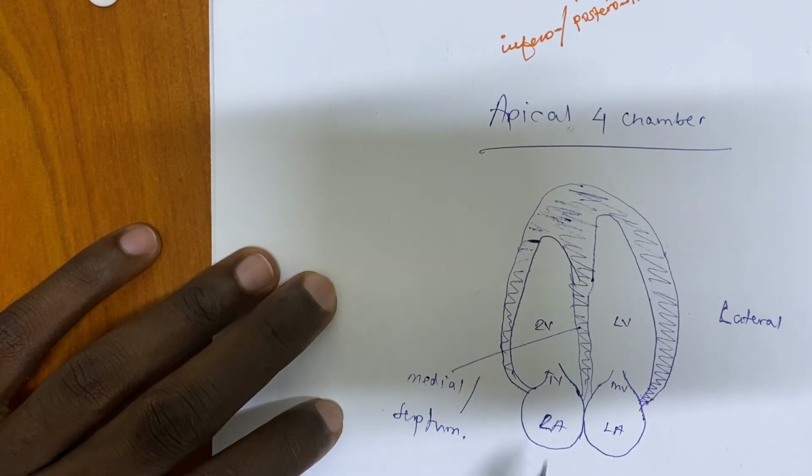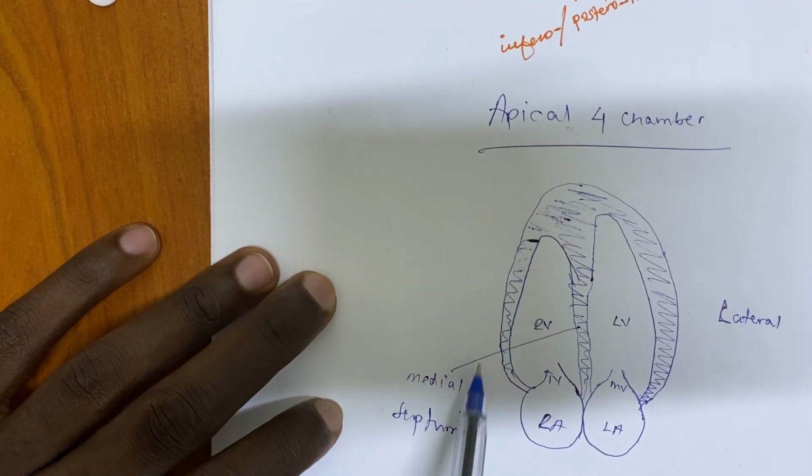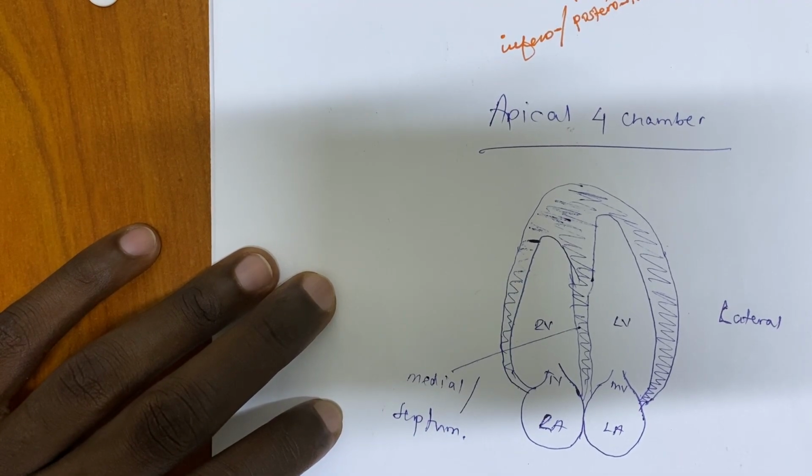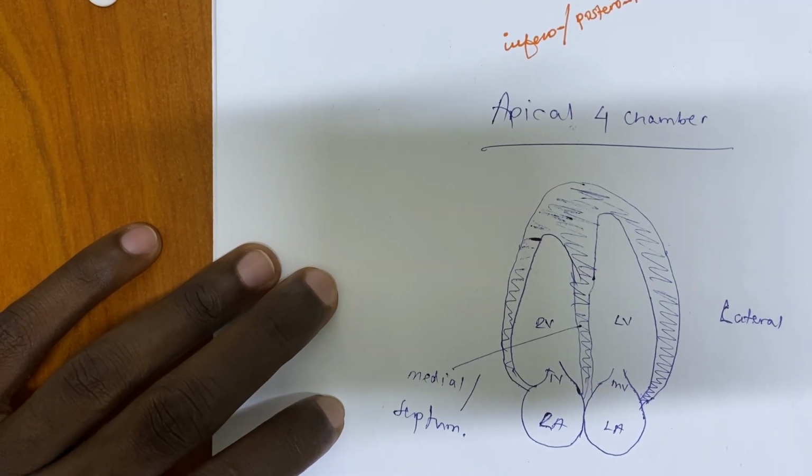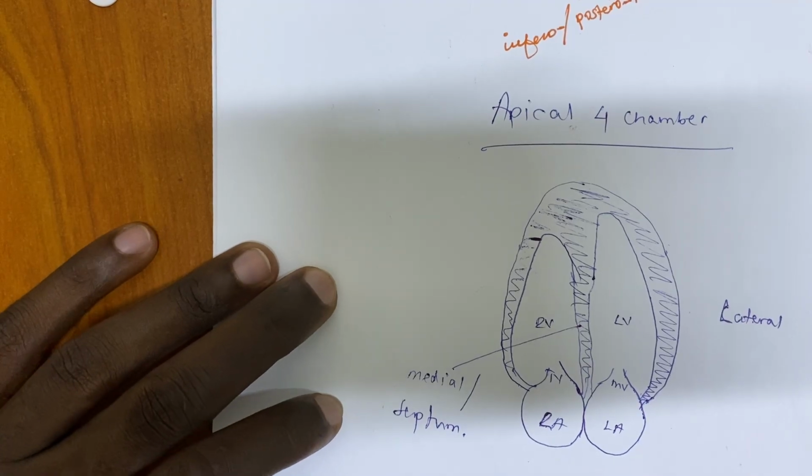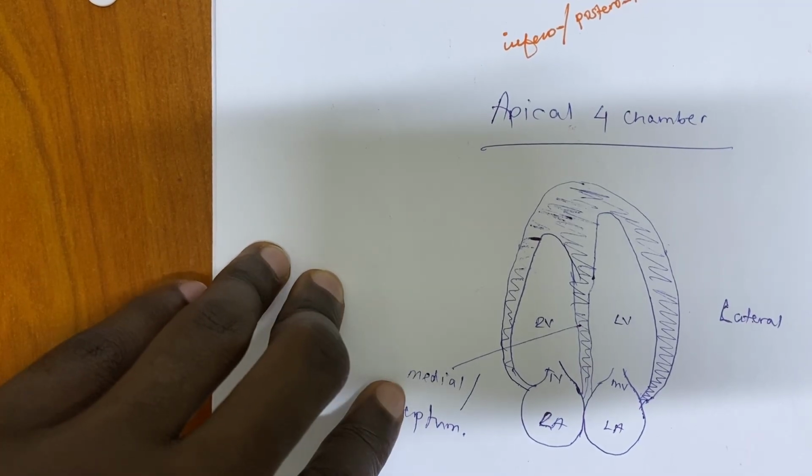Now we are ignoring the RV here because it's not part of our 17 segment model. So we are considering this one: lateral, there is LV; medial, there is septum. The next thing is to check which lateral and which medial this is.